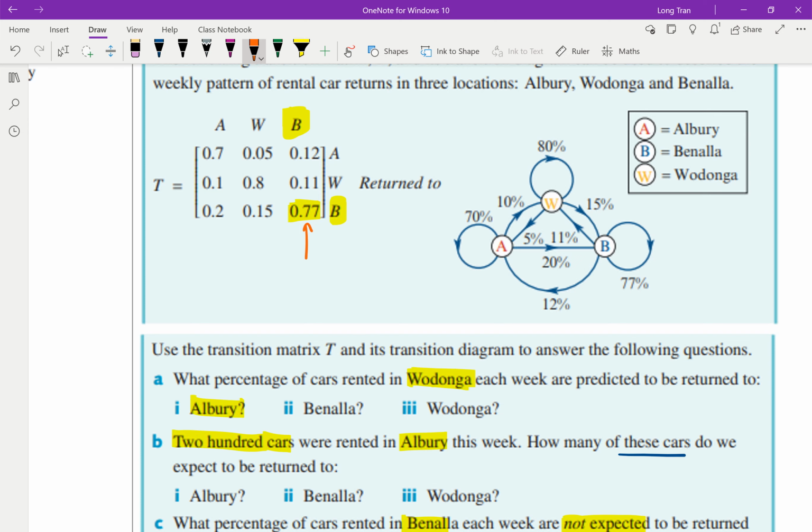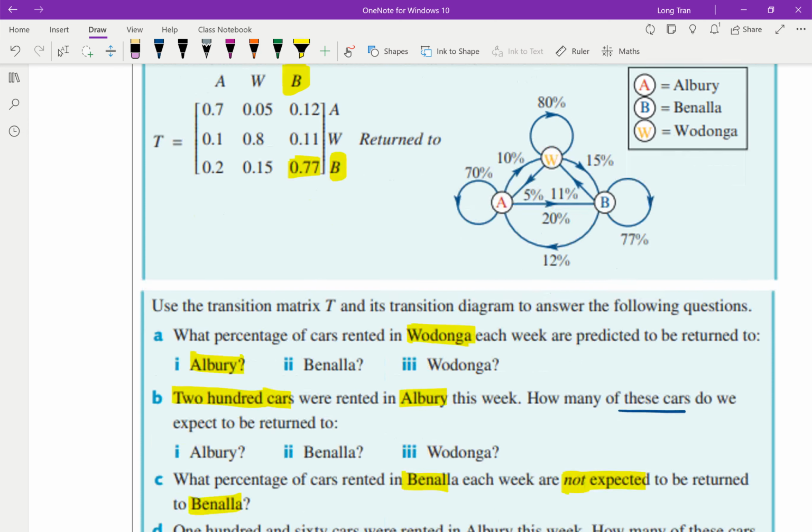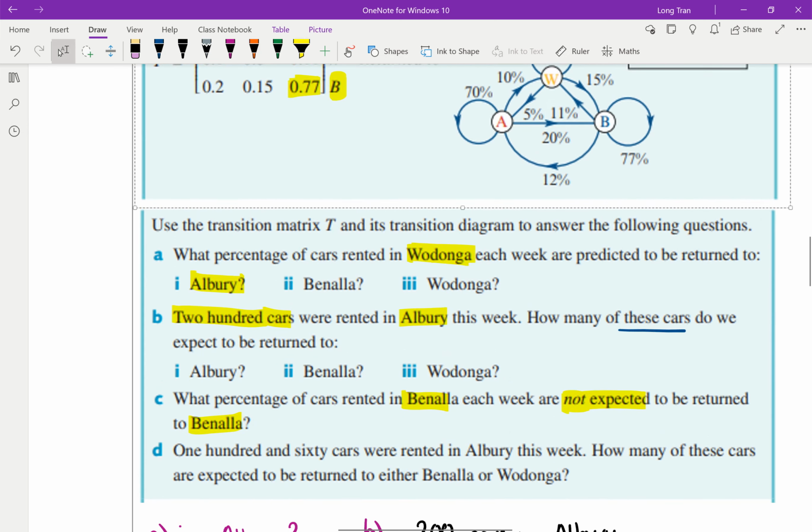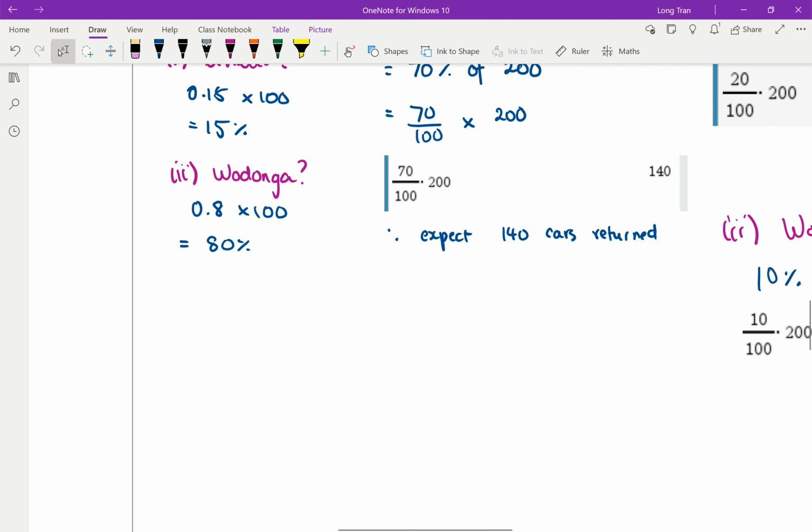So to find the leftover, we need to find the remaining. Now you can work out from 77 how much more you need to get to 100, or you could do, in part C, 1 minus 0.77, and that should give you, what, 23, so 0.23 as a proportion not expected.